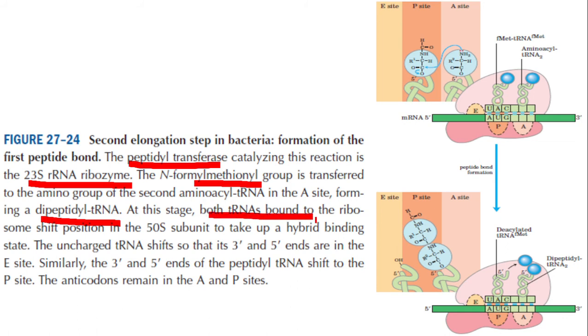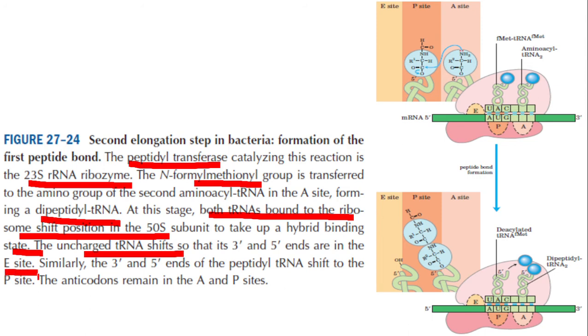Both the tRNAs bound to the ribosome shift position in the 50S subunit to take up a hybrid binding state. The uncharged tRNA, that means the first tRNA which came there carrying the methionine, is now in the E site.